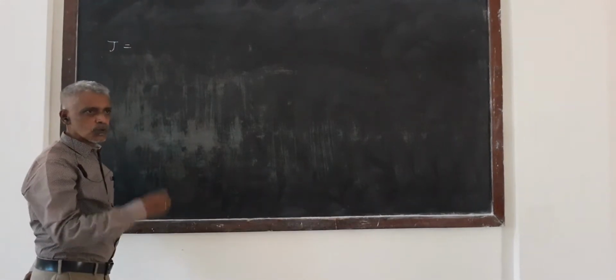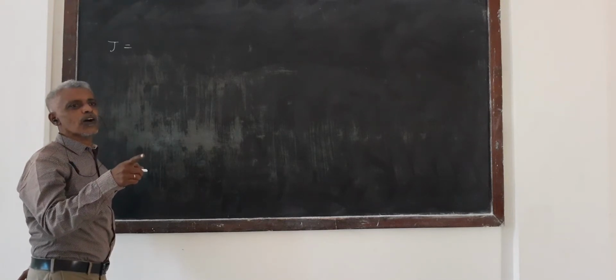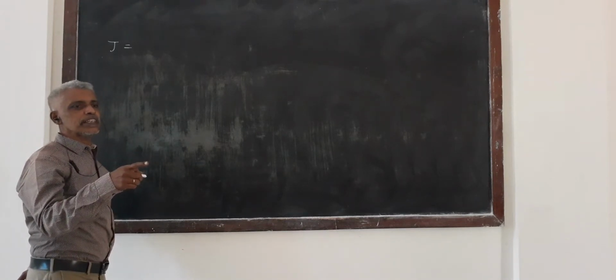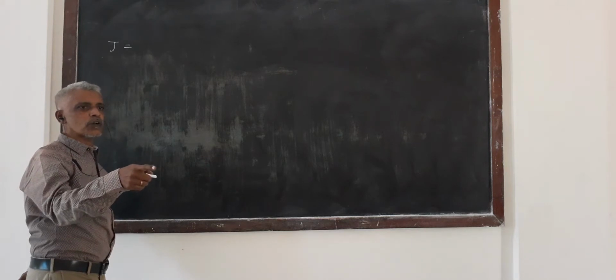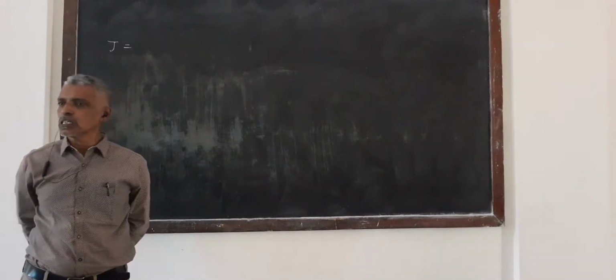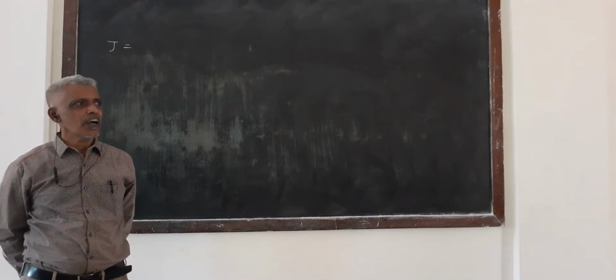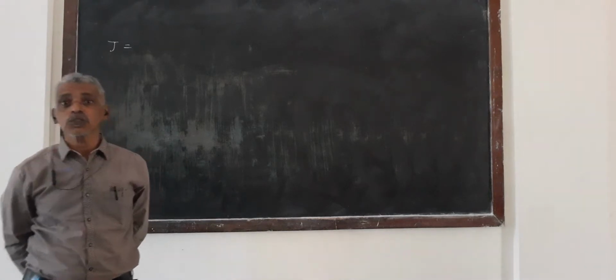J is equal to, I can go for many things in addition of angular momentum to you. If you don't say anything on that, many things will not reach you, unfortunately. J is equal to?